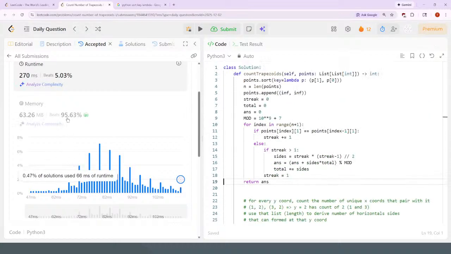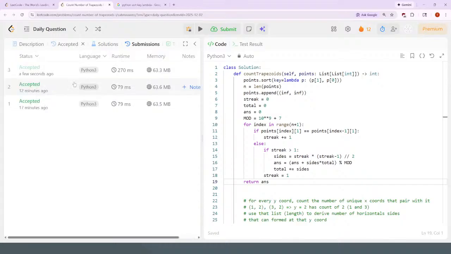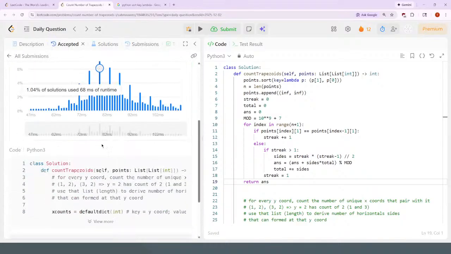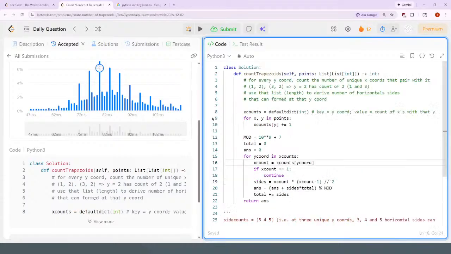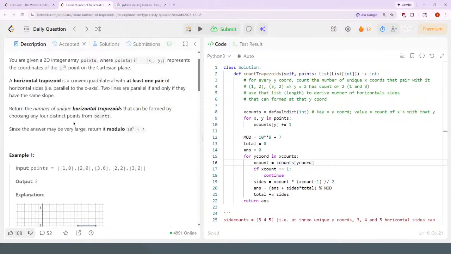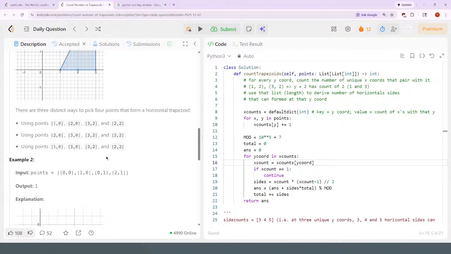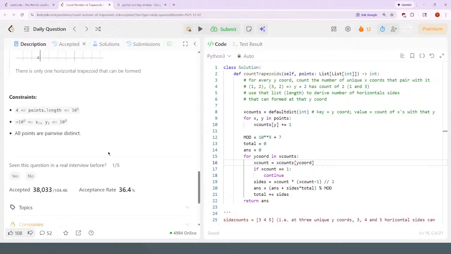Yeah, so let's go back. Go back to this. How do I make this faster? I mean, maybe there's some base case that I should work with. Base case that I should do here, points is 4 points.